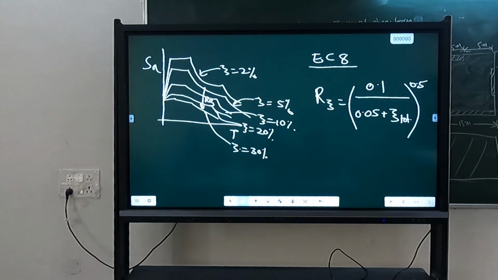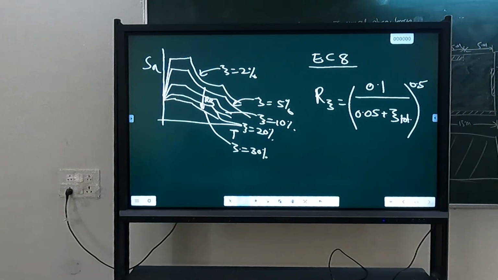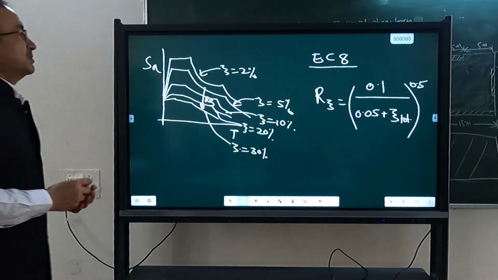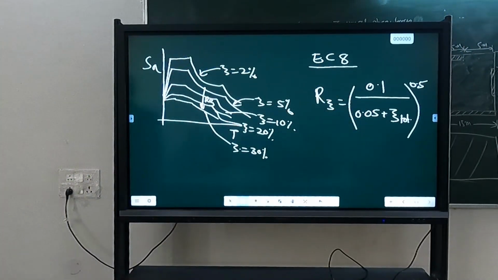So different ground motions result in different reductions. This depends to some extent on the type of ground motion we are using. Considering a number of different ground motion sets, different values have come. This expression is perhaps the easiest, so we will use it, but there are other relations also available.